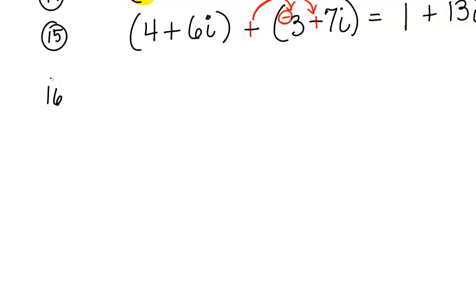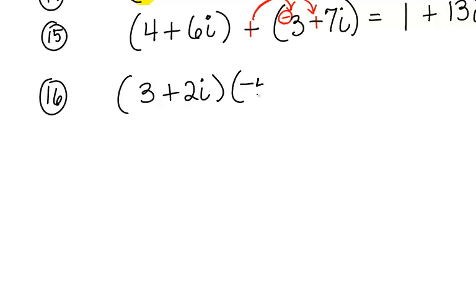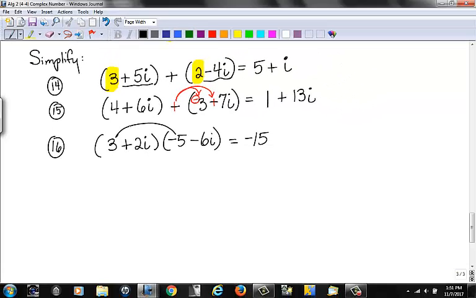Okay, number 16. Say they give you a multiplying problem: 3 plus 2i times a negative 5 minus 6i. It's just like you FOIL it. So multiply 3 times a negative 5, negative 15. 3 times a negative 6i, negative 18i. 2i times a negative 5, negative 10i.